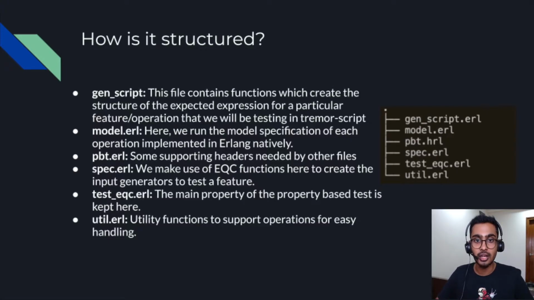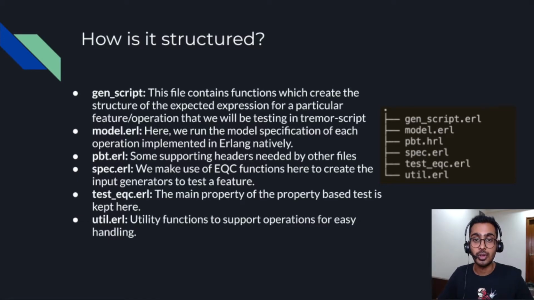So the EQC part itself is implemented in these 6 files, and although the PBT and util files are not really important, they are mostly supporting header files. The gen script is where the structured code that we test against is actually generated. So this is where we get the exact syntax that we're trying to test against, and the model ERL has the native Erlang implementation of it.